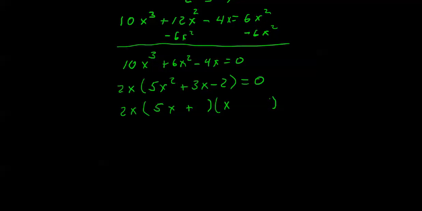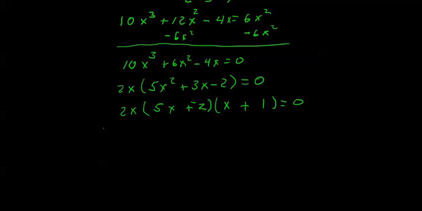I need a 2 and a 1. I can see by observation the 2 goes here and the 1 goes here. Minus 5x plus 2x. So this is a plus, this is a minus. 5x minus 2x is 3x equals 0.